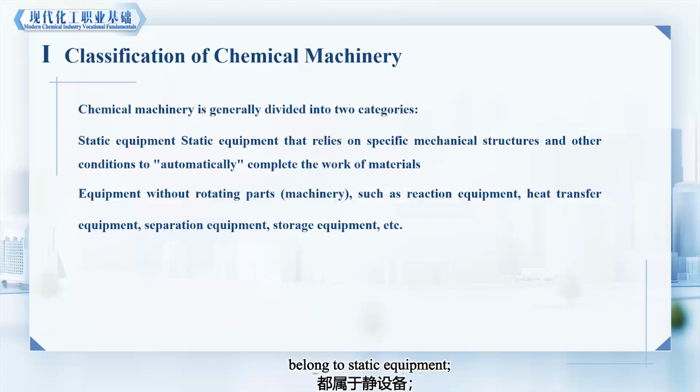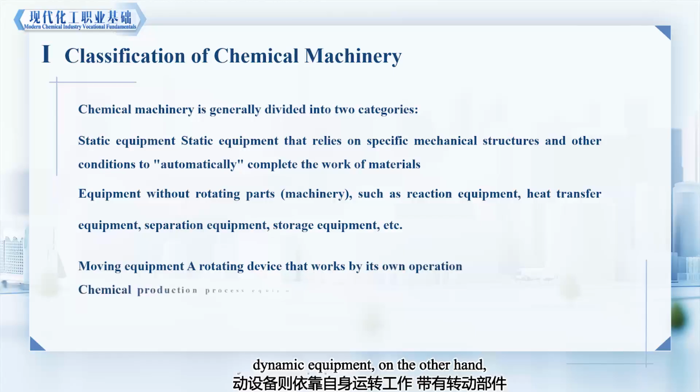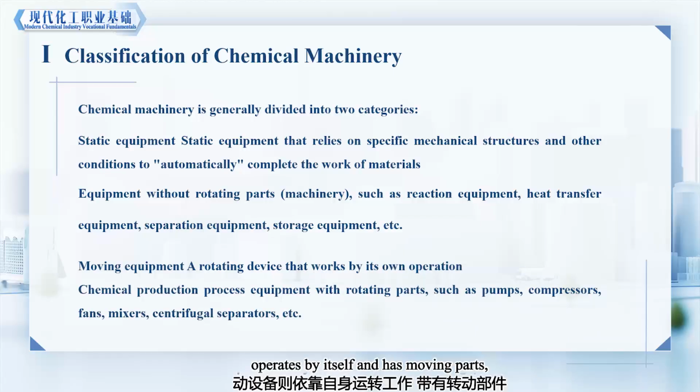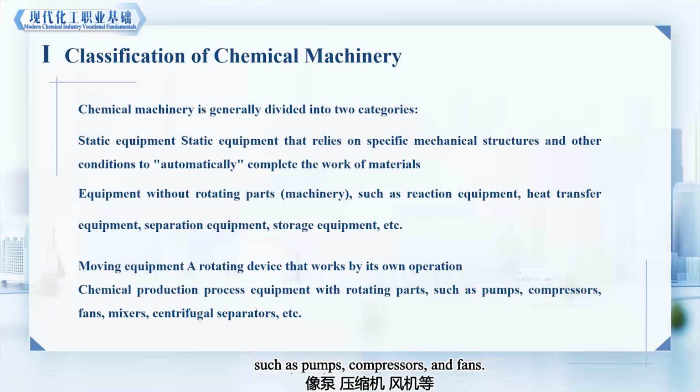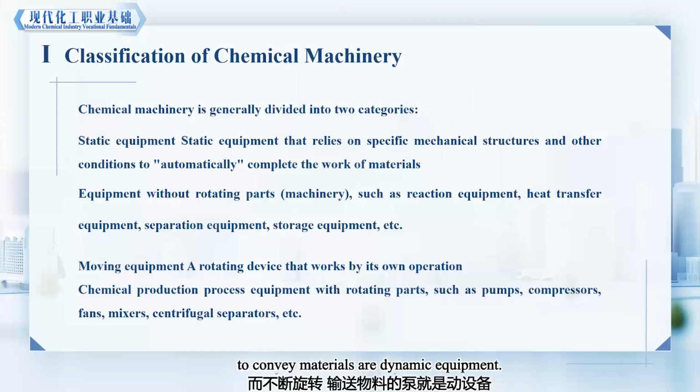Dynamic equipment, on the other hand, operates by itself and has moving parts, such as pumps, compressors, and fans. You can imagine that those large tanks in a factory that remain motionless, yet conduct material reactions, are most likely static equipment, while pumps that continuously rotate to convey materials are dynamic equipment.